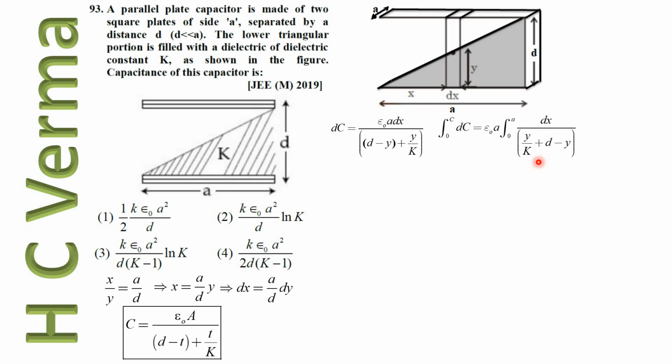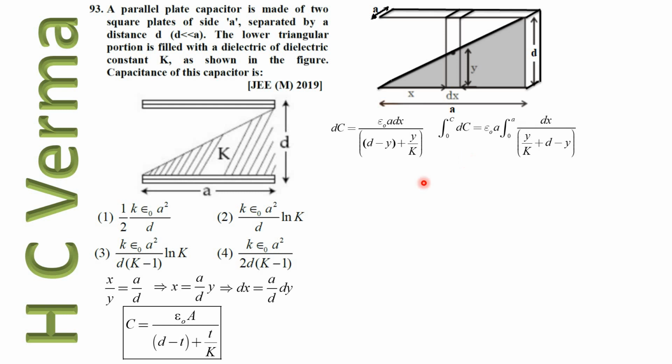So we need to have only one variable here. Both y and x can't go together. That is why we did something here. We can replace dx by a upon d into dy.